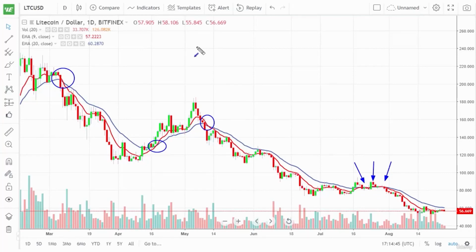Looking at this, you can see how you enter when it crosses. So you would have entered here long, you would have bought, and you would have exited here short, which would have been a small profit. Here, you would have shorted, and you would have bought there, which would have been a much bigger profit.